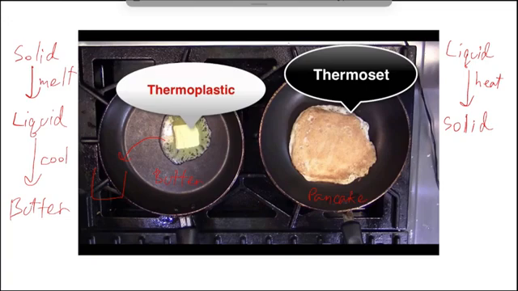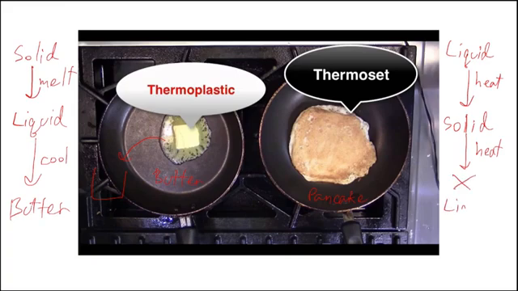Sometimes you can make it in the circle, star, or heart. And you think, oh, I don't want this shape. I want to change it. So you heat it up again. But what happened? It cannot change to the liquid. It is still solid, but it will be burned. This is the behavior of thermosetting plastic.